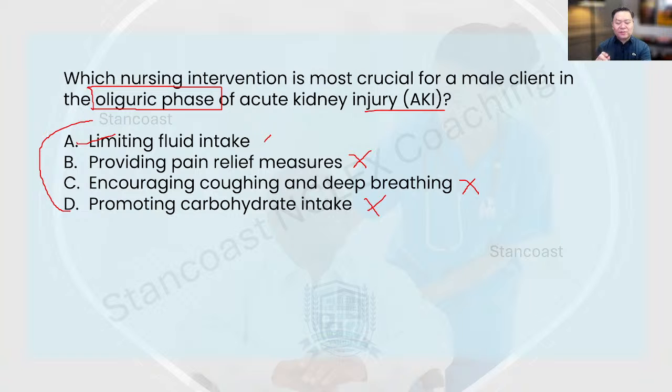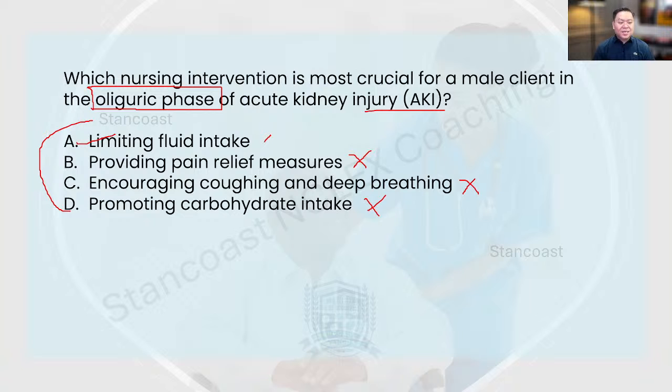Remember that the oliguric phase is all about significant reduction in the urine output. Now, the next test-taking strategy is to prioritize your intervention. Is this something that would need critical or prompt nursing care? Yes, because the person in the oliguric phase is prone to developing fluid volume overload and pulmonary edema, right?